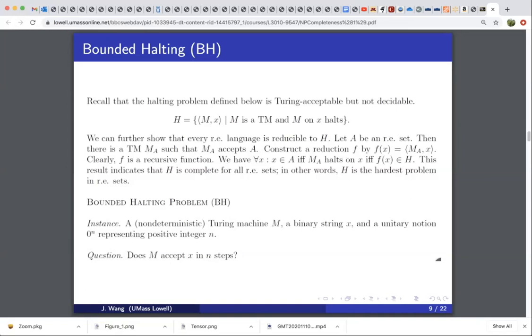So we have to somehow create natural problems. The first natural problem that we're going to show to be NP-complete is called the bounded tiling problem, which is sort of similar to the post-correspondence problem with a time bound, but now we use tiling to represent the computation history of a Turing machine.